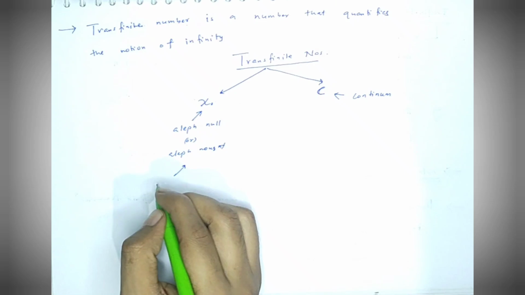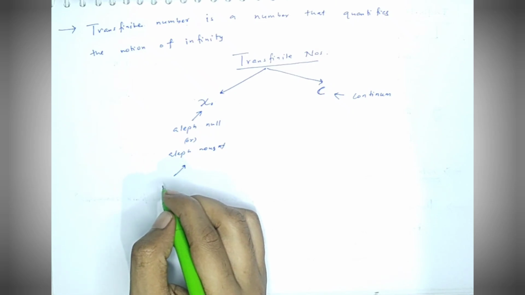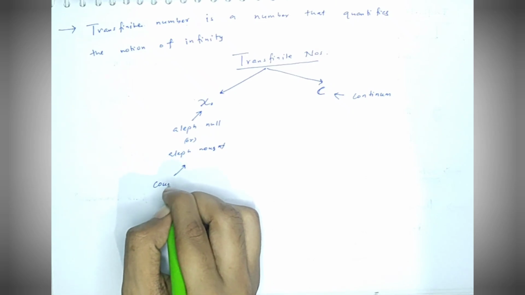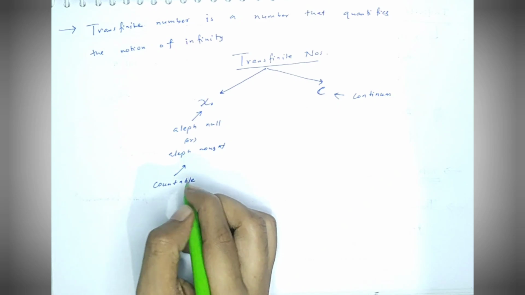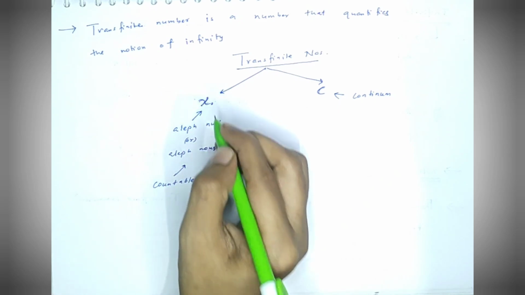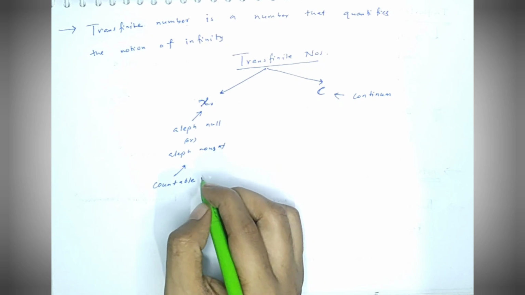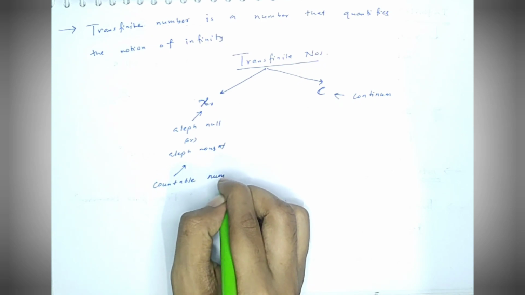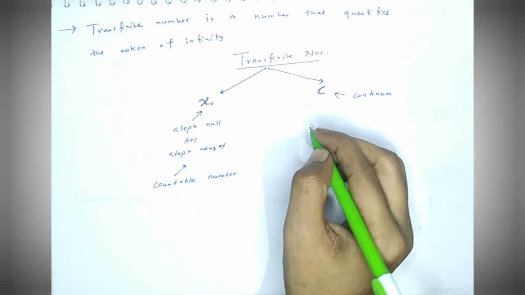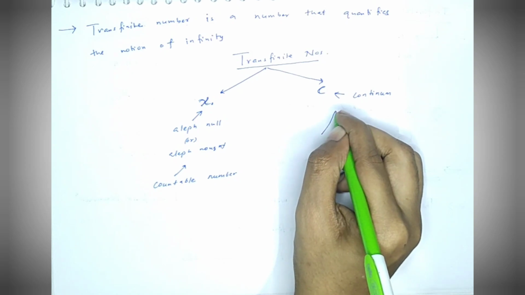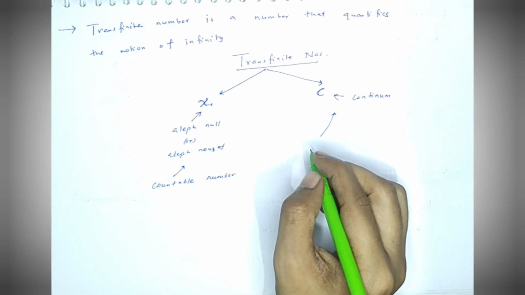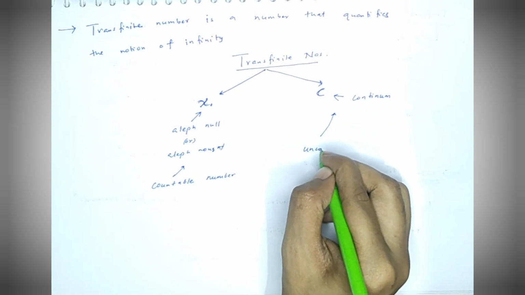This is used for countable numbers, which we are going to study in the next lecture. This symbol, Aleph null, represents countable infinite numbers, and this symbol, the continuum, represents uncountable numbers.